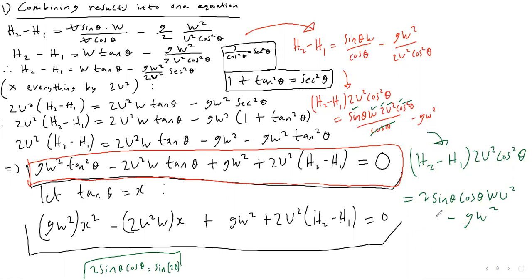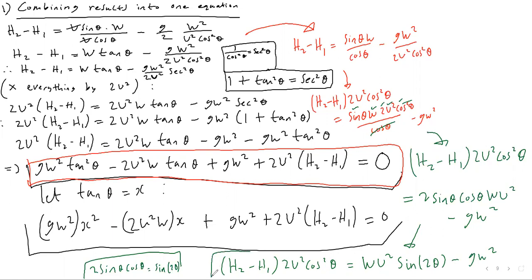So what we're going to have here is that h2 take away h1 times by 2u squared cos squared theta is equal to wu squared, and then 2 sine theta cos theta is equal to sine 2 theta, a double angle for sine, take away g w squared. So you could be asked for this kind of equation as well, instead of the one that we had before. So just be aware of this too.